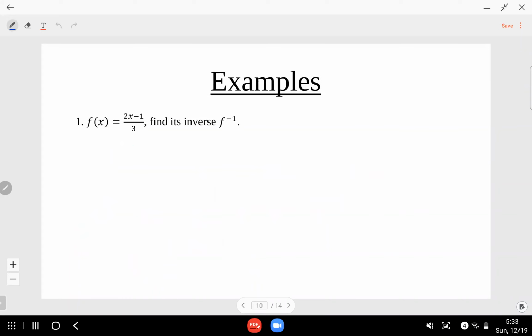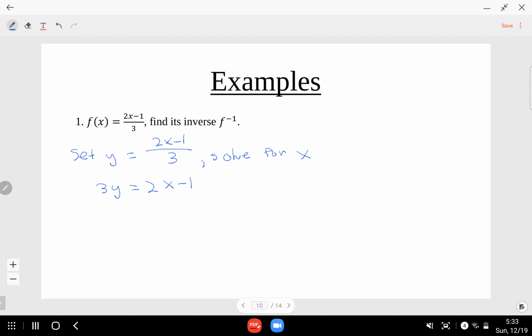Let me explain this with an example. If we were to find the inverse of this function, (2x minus 1) over 3, we're going to set y equal to (2x minus 1) over 3. That's the key here. Then we're going to solve for x. It's going to be x equal to f^-1 of y. So if you solve it, we get 3y equal to 2x minus 1.